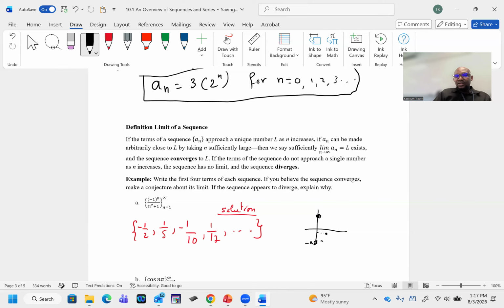Let me make a graph so you can see it converges to 0.